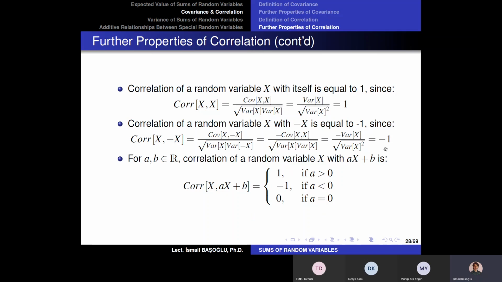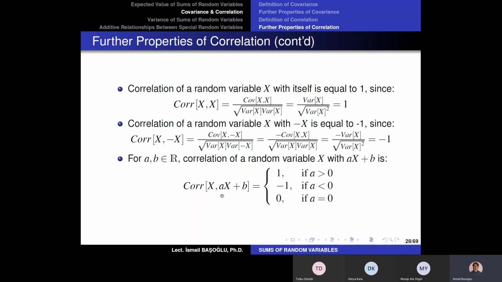Generally speaking, you can also practice this correlation operation with the above formulations. But generally speaking, if you are interested in the correlation of a random variable with any linear transformation, ax plus b, the correlation of a random variable with its linear transformation is going to be equal to 0 if the multiplier a is equal to 0.